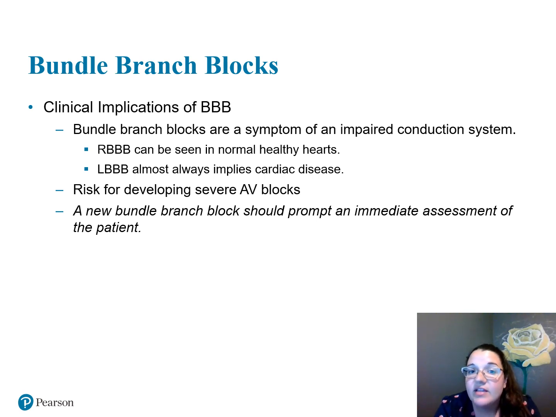It is at a risk of developing severe AV blocks. Remember, SA node, AV node, and your ventricles. Our AV node, if it's blocked, is my atrium getting depolarized? Is it contracting? Is that pump going on? No. A new bundle branch block should prompt an immediate assessment of the patient.